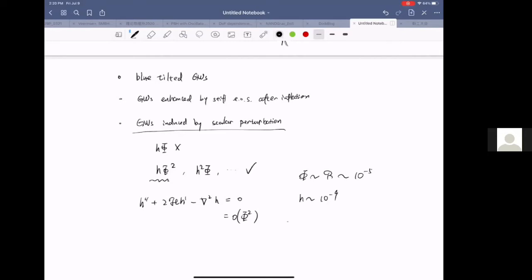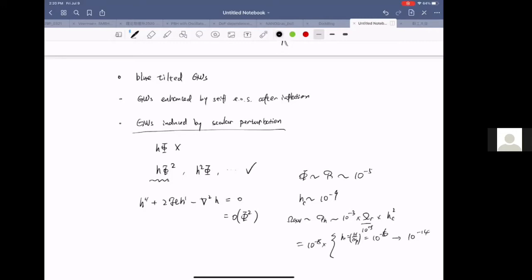And we know that omega GW, the power spectrum of h, is, as I said, a redshift factor times omega r times hc squared. Let's say this is hc, and this is 10 to the minus 5, and we have 10 to the minus 8 times, let's see. For primordial tensor perturbation, hc is H over Mp. This is like 10 to the minus 5, or even smaller, let's say 10 to the minus 6. So you have 10 to the minus 14.